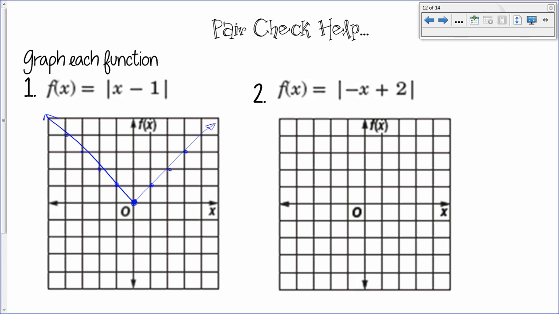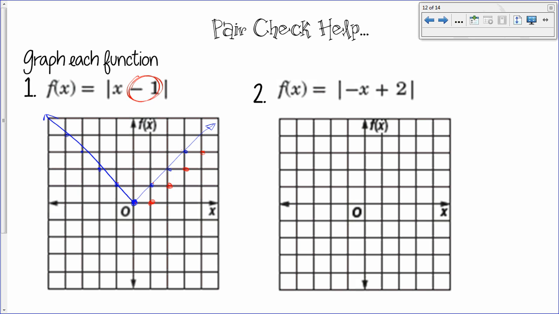So now this plus 1 inside, what's that going to do to my parent graph? To the right, so it's going to be a shift. So this point right here shifts where? Right 1. This point shifts right. This point does what? Shifts. This point shifts.